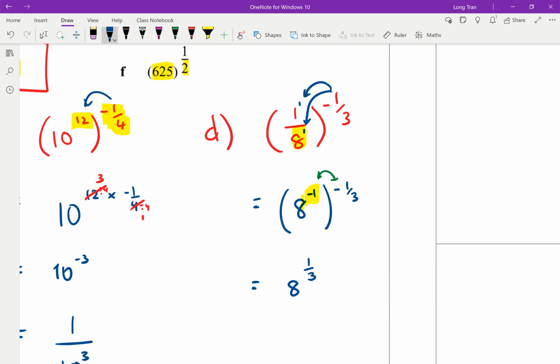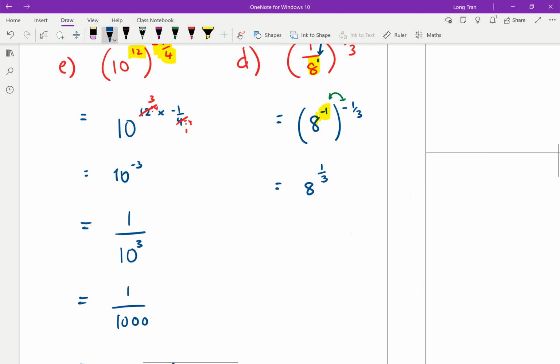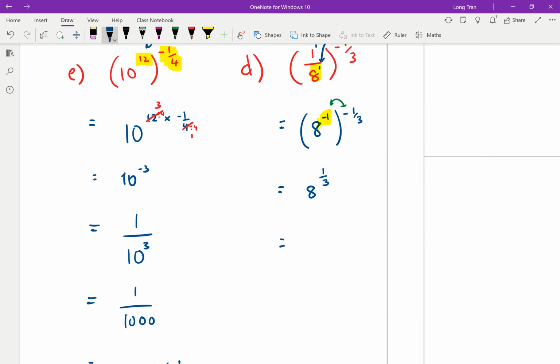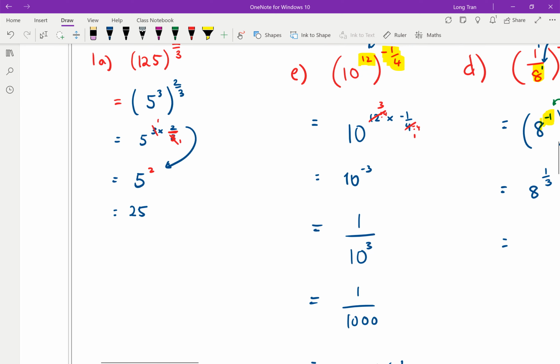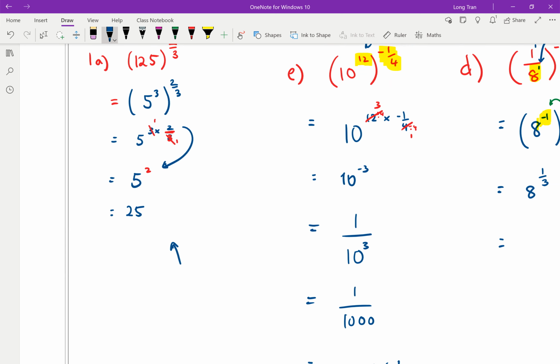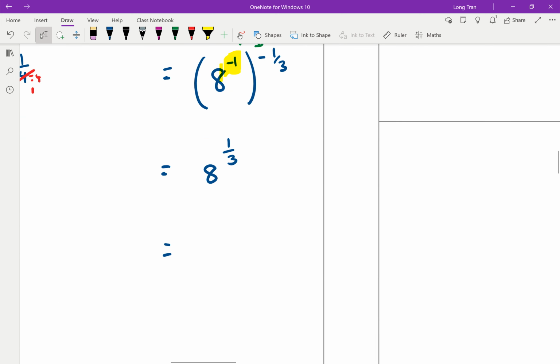Okay, now using what you understand, to the power of a third, you can understand it as cube root, because the power of 1/3 is the same thing as cube root of 8. But if you didn't know that, you can still solve this using the same technique I showed you in part A. So you can rewrite, using the brackets again, 8 to the power of a third as 2 cubed, that's 8, to the power of a third.